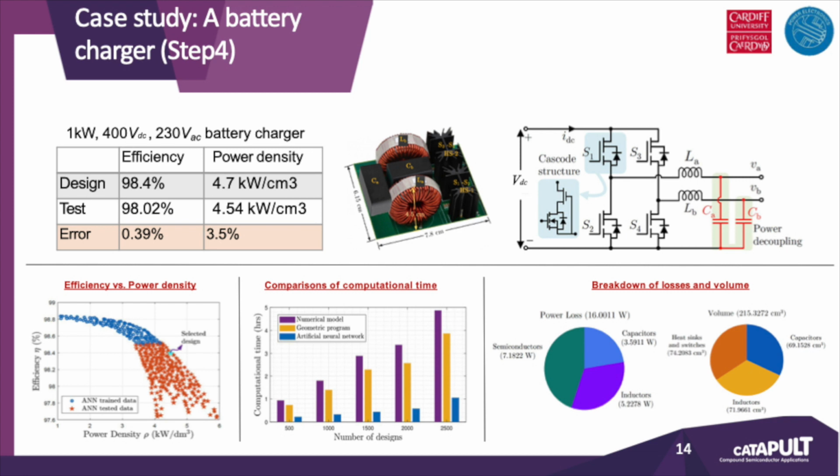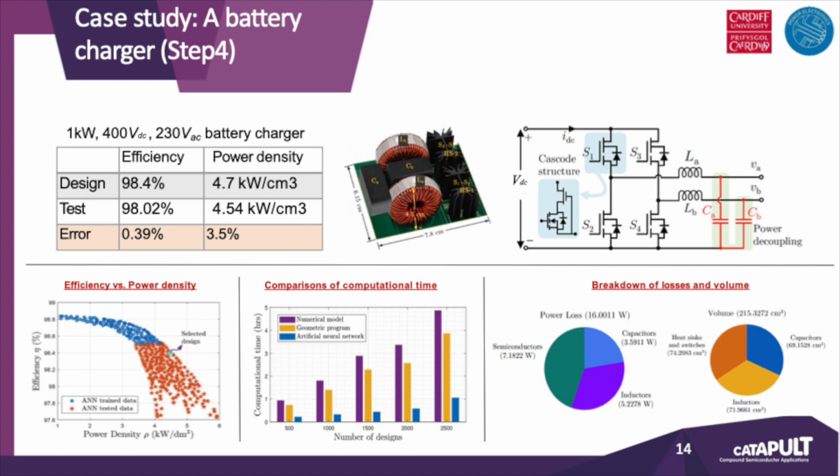If you look at the table at the top left, we are doing a 1 kilowatt battery charger. We have the design performance and also the testing performance. For both efficiency and power density, you see they are quite close to each other. The error is pretty low, below 4%. So that verifies our design methodology.